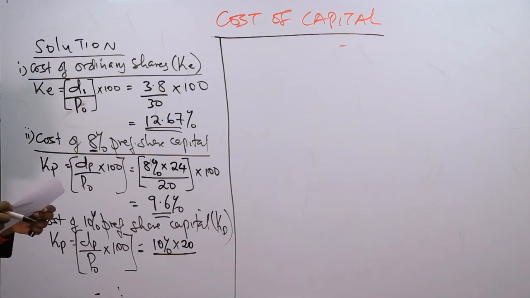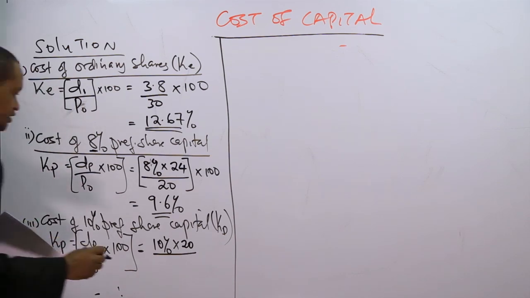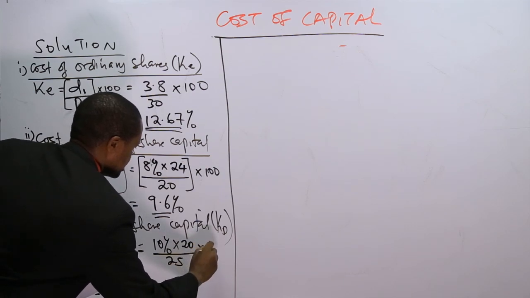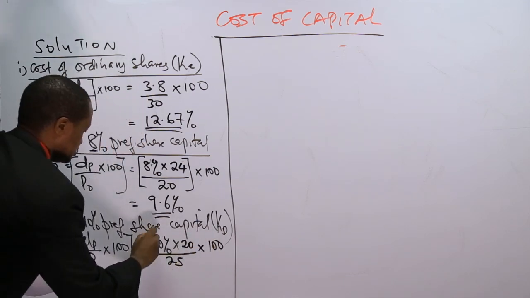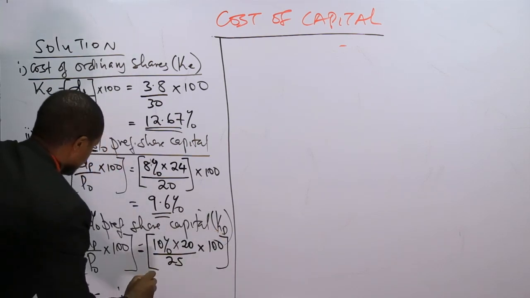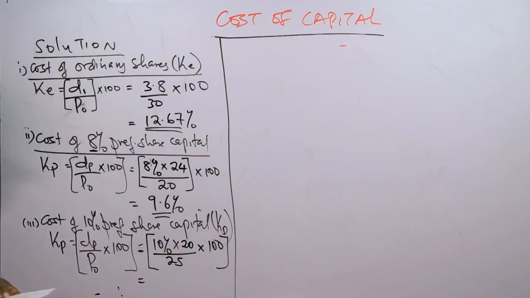Divide that by the market price per 10% preference share, which is 25 shillings. Multiply the answer with 100. That will give us the cost of preferred stock.